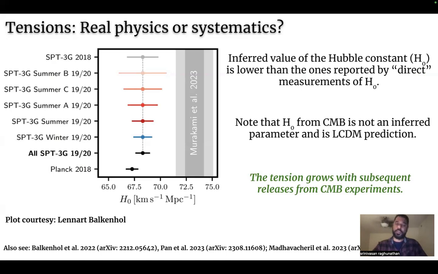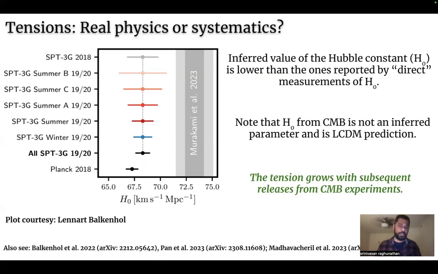But the thing that I would like to emphasize here is that there is also this gray band that you're seeing here, which is actually a direct measurement of the Hubble constant made using supernovae and Cepheid variables. As you can see, the CMB measurements agree well with each other from SPT3G and Planck, but they don't agree with the direct measurements of the Hubble constant.